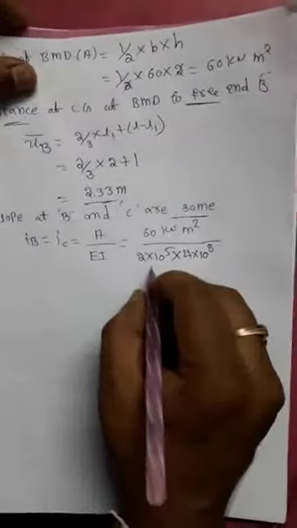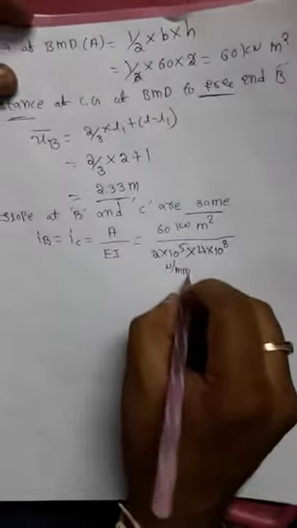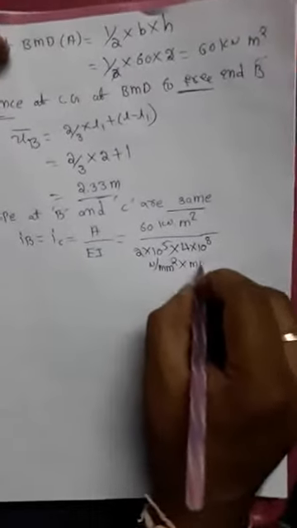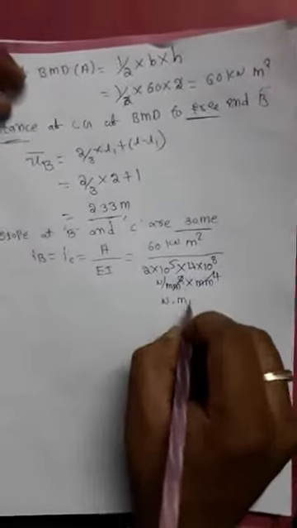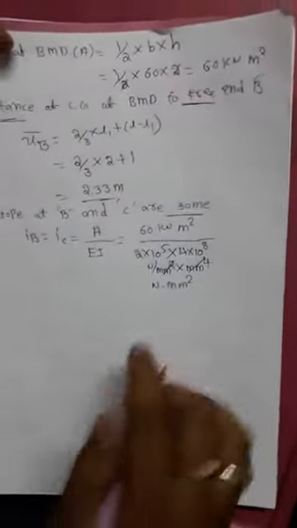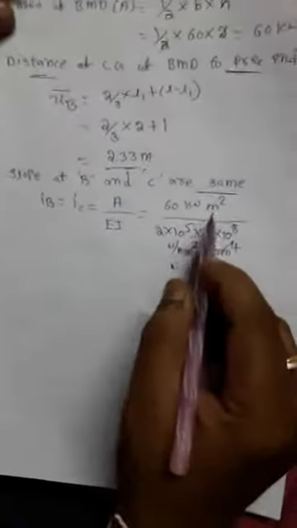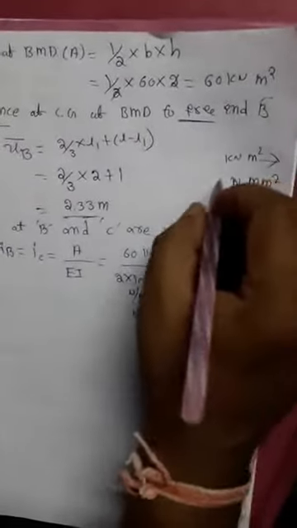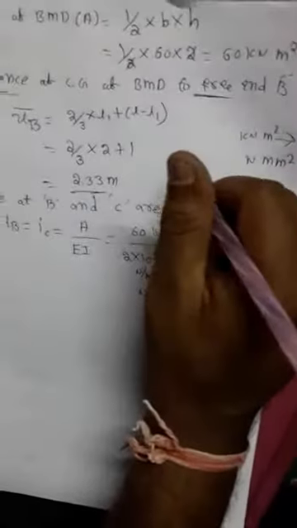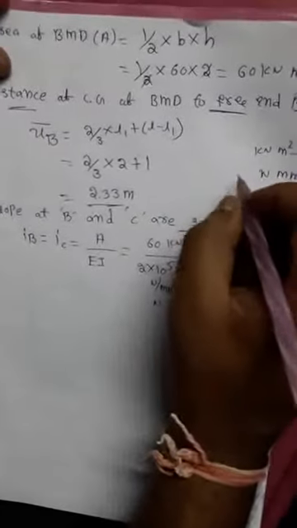But here the units are Newton per mm square into I in mm to the power 4, so the units cancel, giving Newton mm square. Here it is kilonewton meter square, so it can be changed into Newton mm square. For this conversion, multiply by 10 to the power of 9.